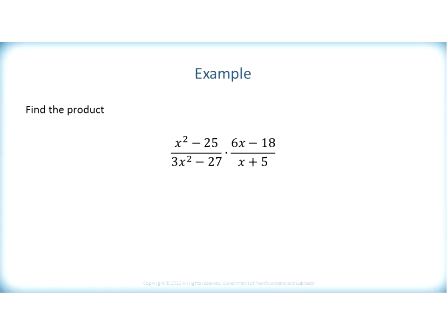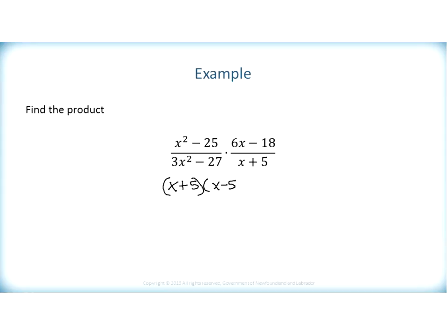Let's have a look at another example. If you wish, you could pause the clip and factor the polynomials. I'm going to continue. When I factor the numerator of the first expression, I have x plus 5 times x subtract 5.